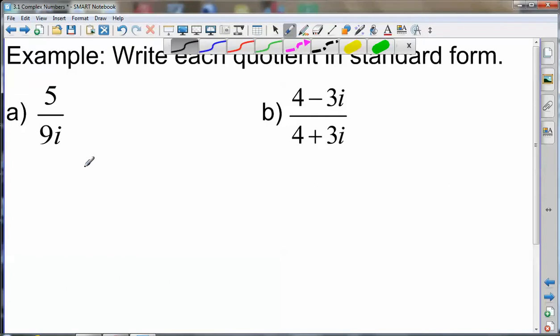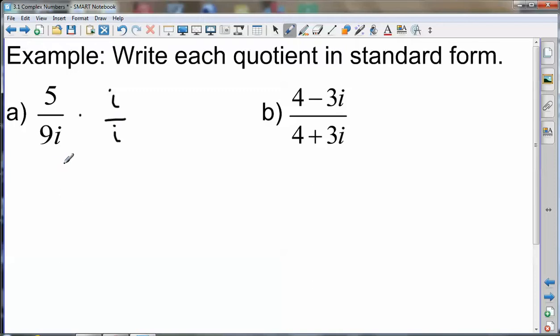So about half of you multiplied by I on top and bottom, which gave you 5I over 9I squared. But what's 9I squared? Negative 9, so you got negative 5 over 9I.